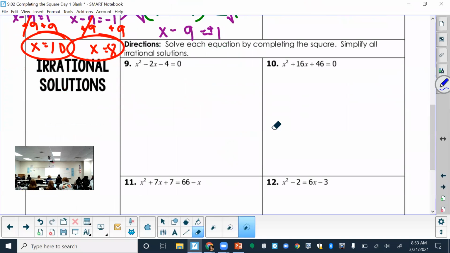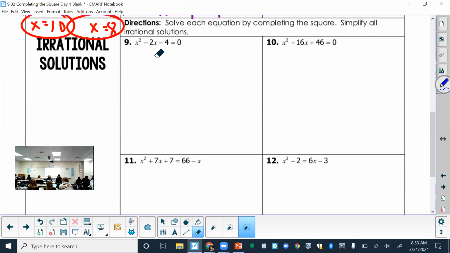So looking at number 9, we need to follow the same steps that we did earlier. So first step is to rewrite it. What number needs to be moved in order to make that happen? So how do I move it?